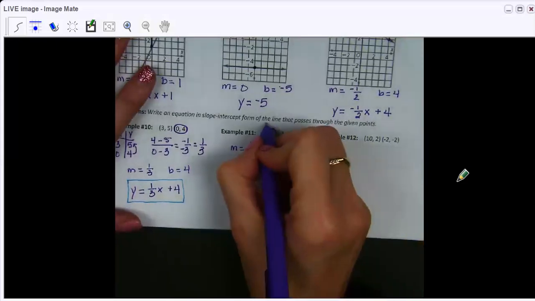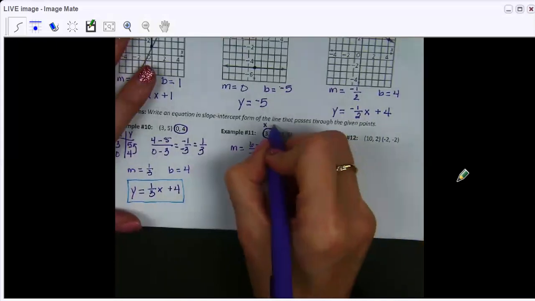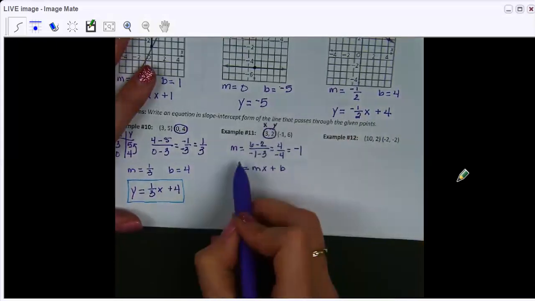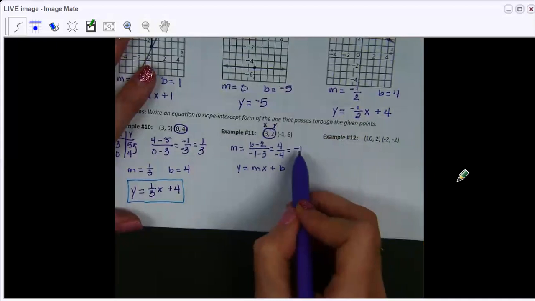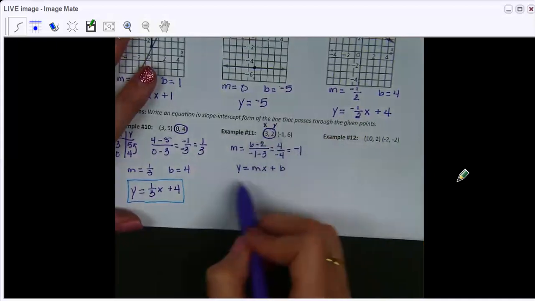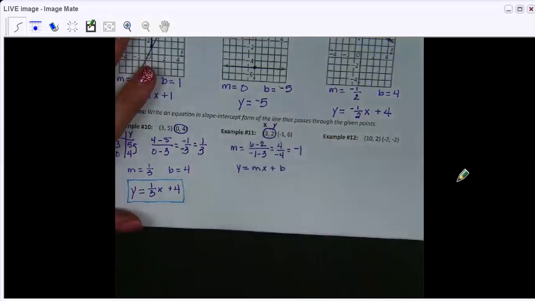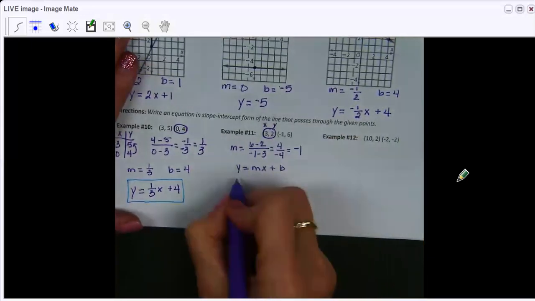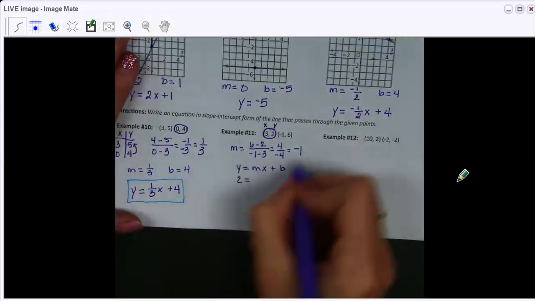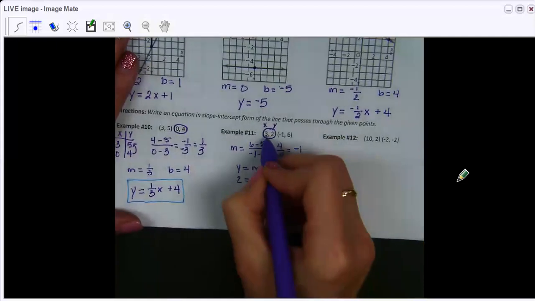3 represents your x in the equation, 2 represents your y in the equation, and we've solved for m here. And so when we plug those 3 numbers in, we're just left with b, trying to figure out what b is. So y is 2, our slope is -1, and x is 3.